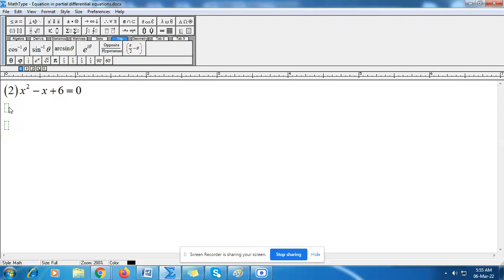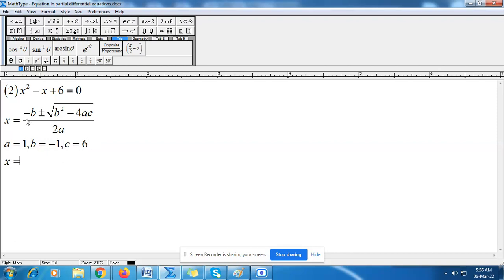Then apply the quadratic formula. That is, x is equal to minus b plus or minus root b square minus 4ac, whole by 2a. So here a is 1, b is minus 1 and c is 6.